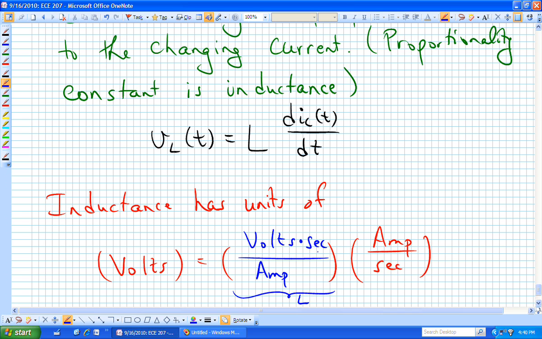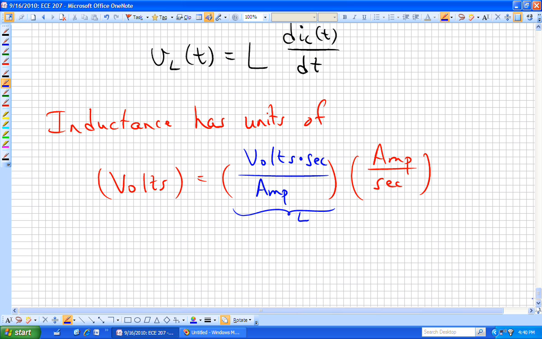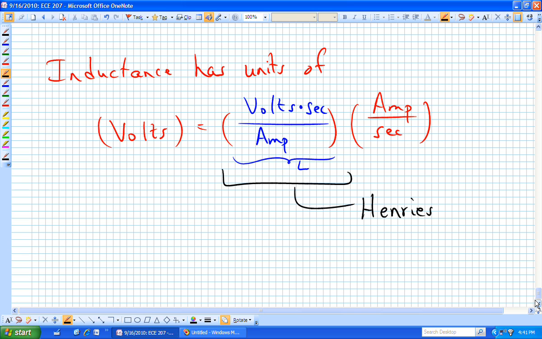So now this is volt seconds per amp. That gets a little ornery to keep track of, so we've just defined that to be henries. You probably anticipated that name. That looks like a Henry, a volt second per amp. There's your Henry. So L has units of Henry.